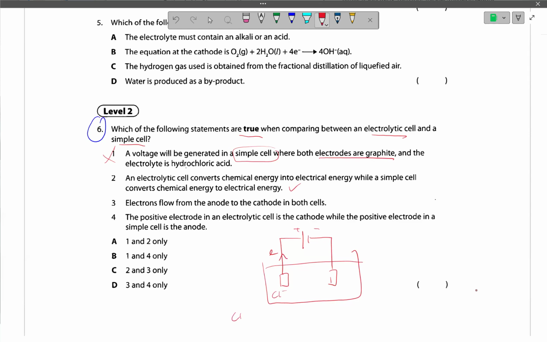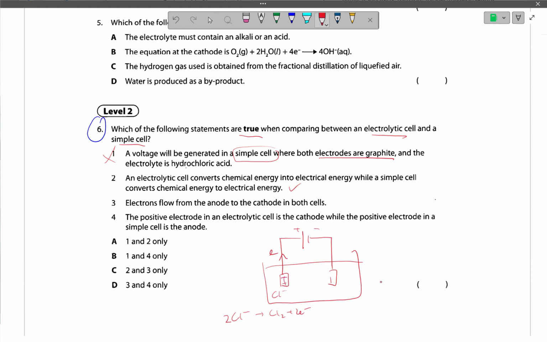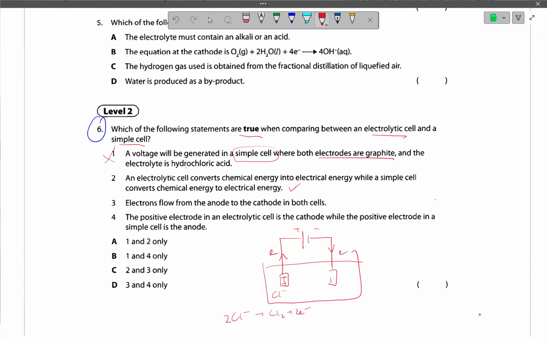Chloride comes here and donates electrons. So this happens at the anode. The anode is positively charged because it is connected to the positive battery. The chloride comes here and donates electrons. It is oxidized. The electrons flow from the anode into the battery, then flow into the cathode itself.